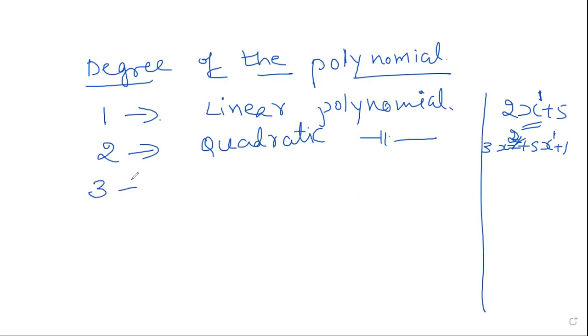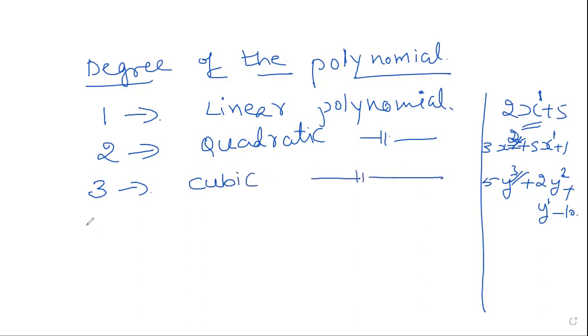Next, if the degree is 3, for example 5y cube plus 2y square plus y minus 10, the powers are 1, 2, 3, so the highest degree is 3. These are called cubic polynomials.